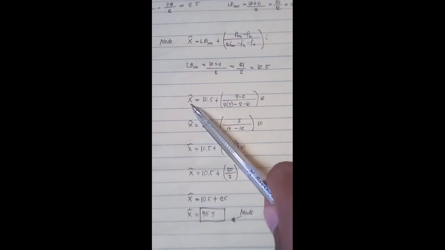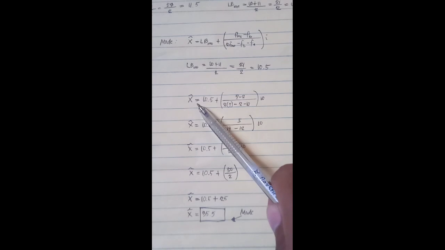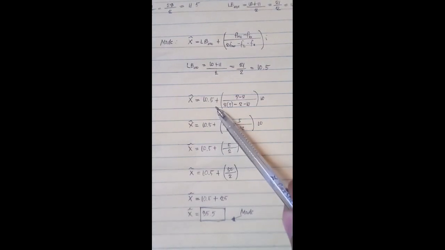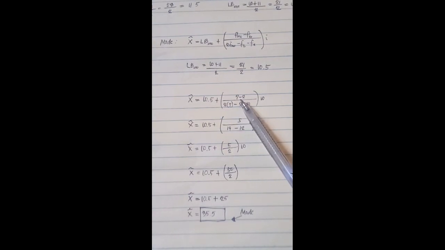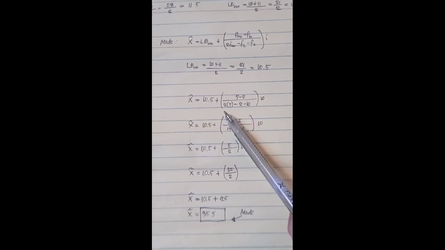So mode is equal to 10.5 plus 7 minus 2 over 2 times 7 minus 2 minus 10 times 10. So our frequency of modal class is 7. Then our frequency before the modal class is number 2. And our frequency after modal class is number 10.